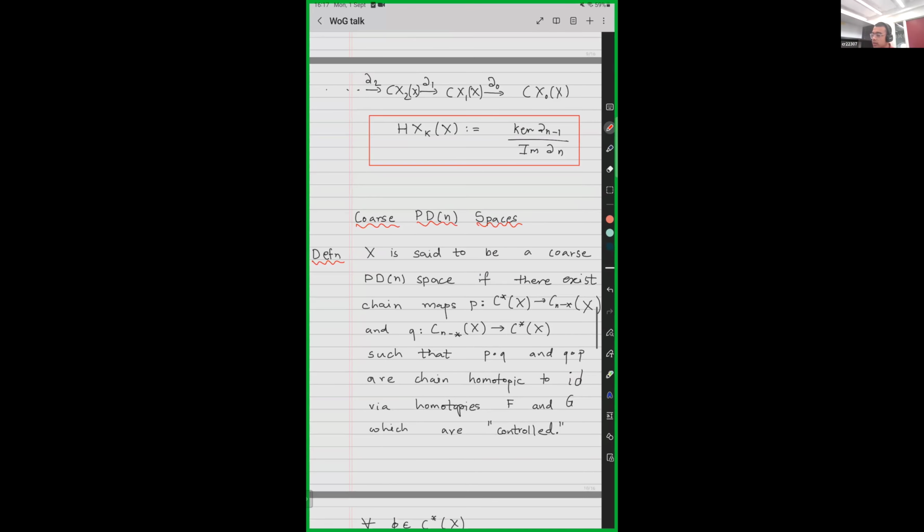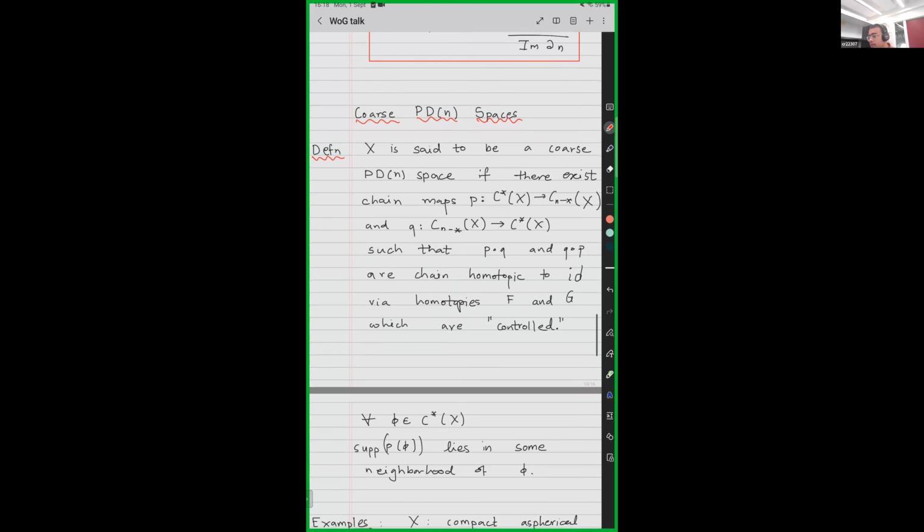The definition is a bit technical, and I'm not going into too much detail, and we don't actually really need it for the sequel. But the definition is stated in terms of these chain complexes and cochain complexes, and the existence of certain chain maps between them, which are chain homotopic to identity, and they respect the metric structure and so on. But I'm not going into too much detail here, right?